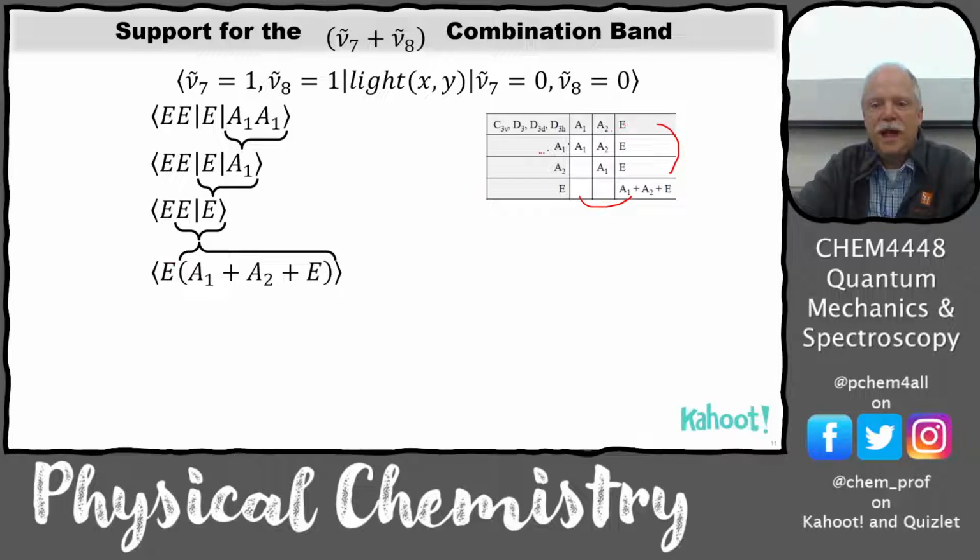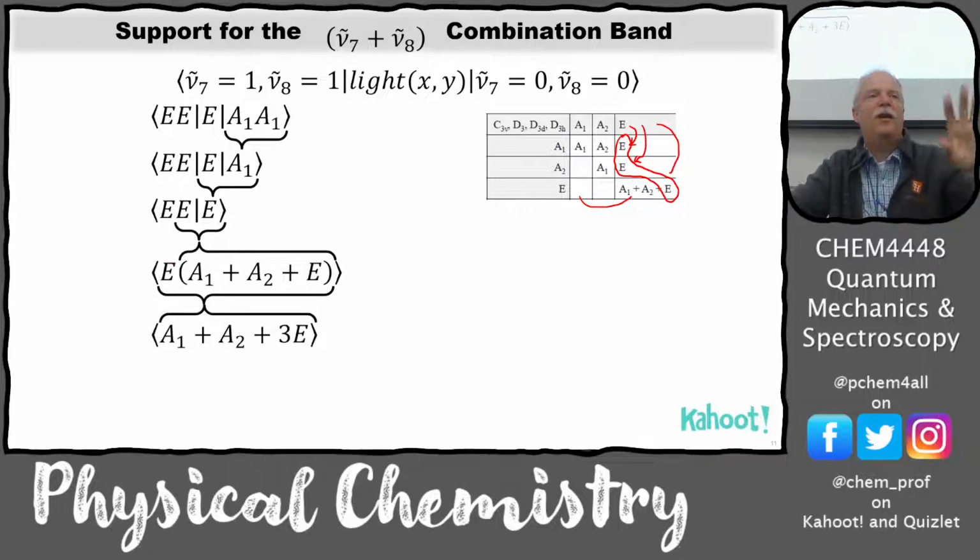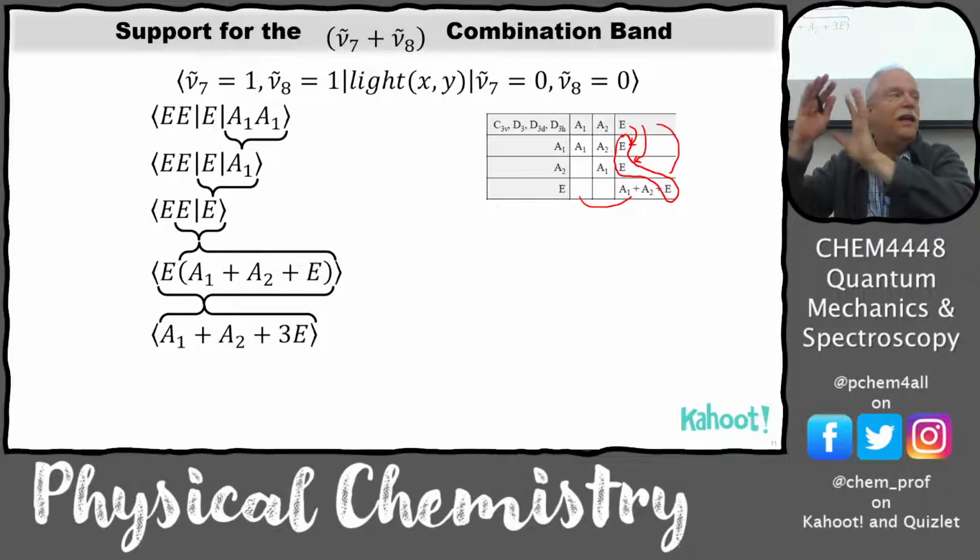E times A1 is going to give us this row. E times A2 is going to give us this row. So we're going to get a couple of E's. And then when E times E, we're going to get all 3 of these. So we should have 3 of these E's right here, and an A1 and an A2. So that's what we have. We have an A1 plus an A2 plus 3 E's.